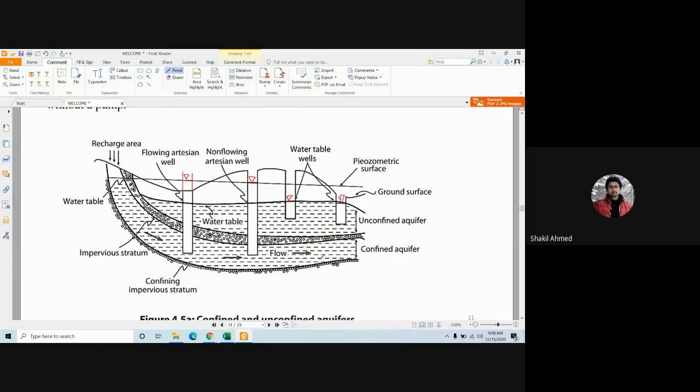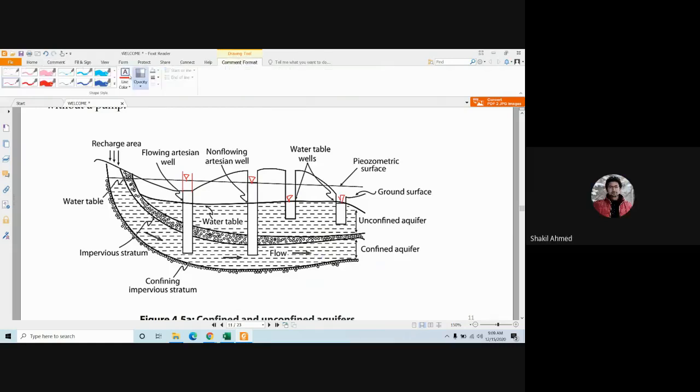And this is basically your ground surface. Okay, this is the ground surface.